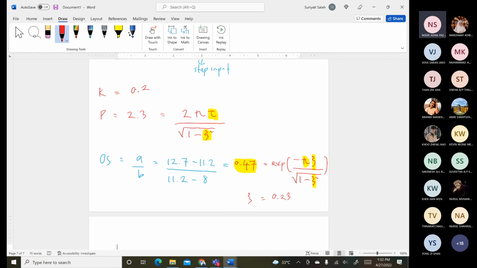Since this is the underdamped response, the value must be between 0 and 1. So now you have 0.23, which is in accordance to the range of an underdamped response.